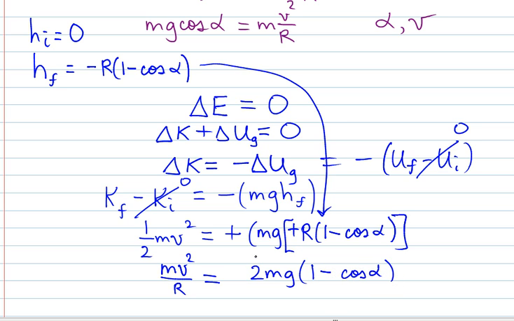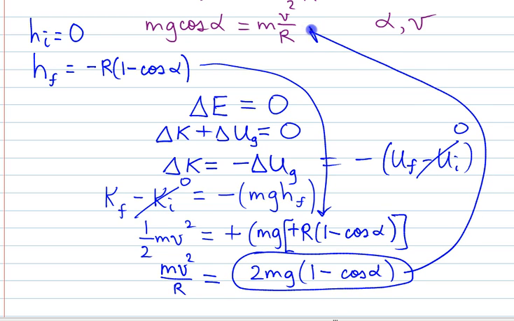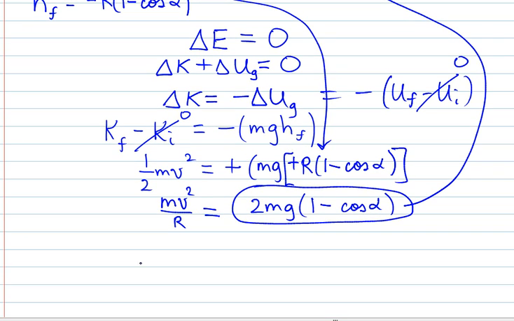Then we can substitute this directly up here for mv squared over r. What we get is mg cosine alpha equals 2 mg minus 2 mg cosine alpha.